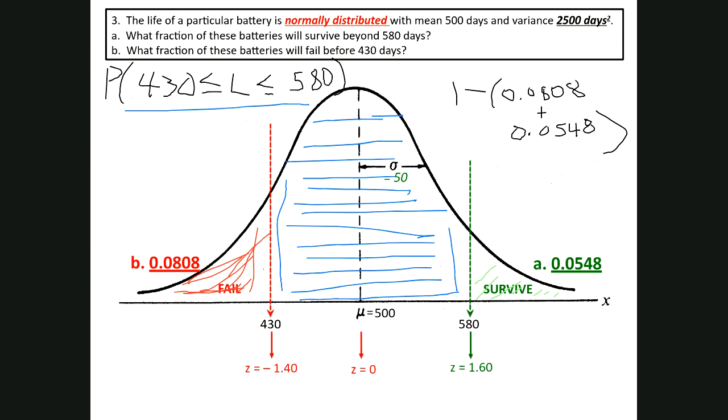And so that's going to be 1 minus 0.1356, and that's going to be 0.8644. So there's a little bit more than 86% chance that the battery's lifetime will be beyond 430, but not beyond 580.